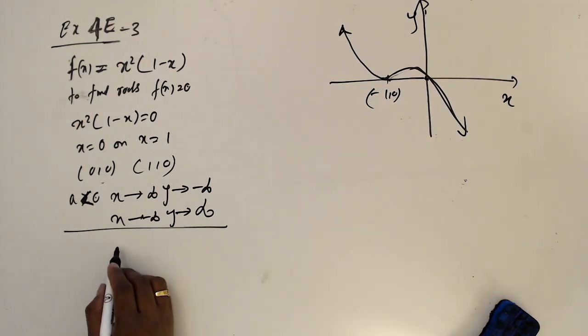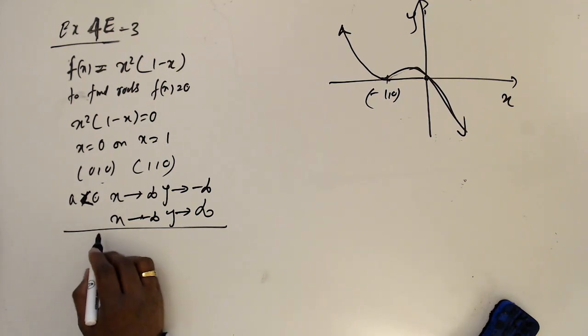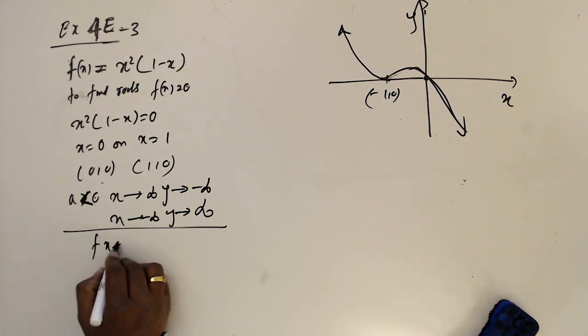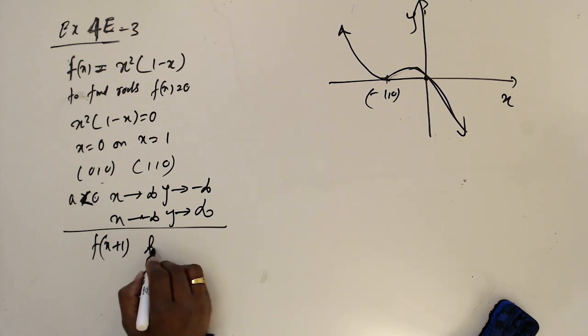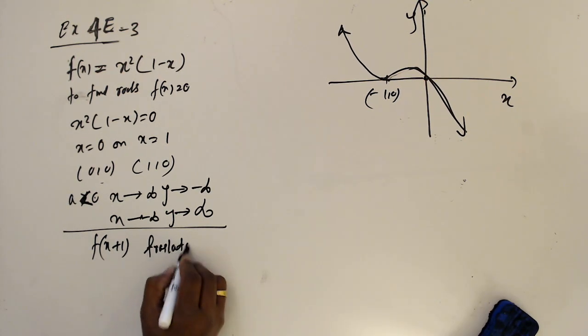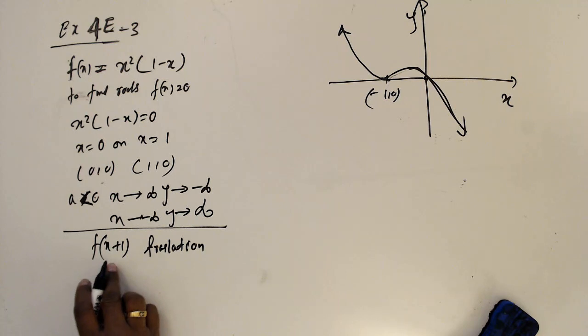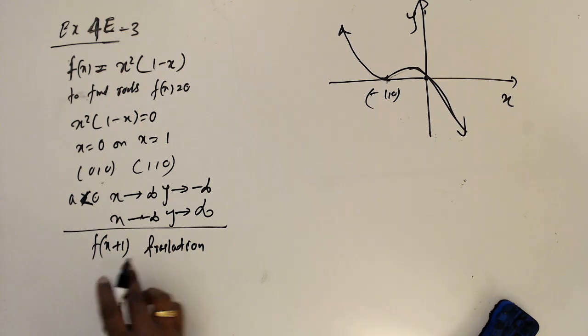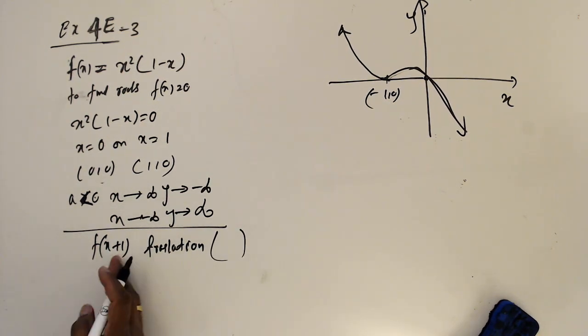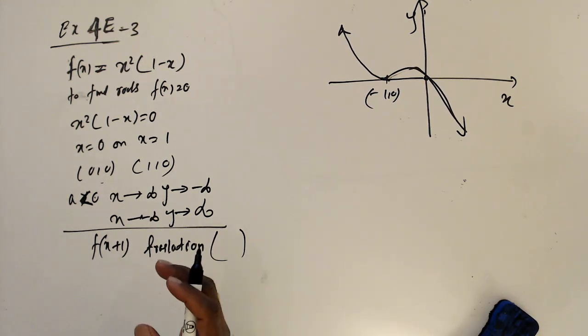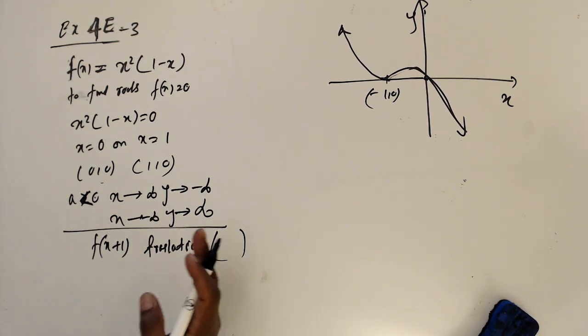Now we need the translation. If x plus 1, translation moving along the x-axis, then it means we have to shift 1 to the left side.